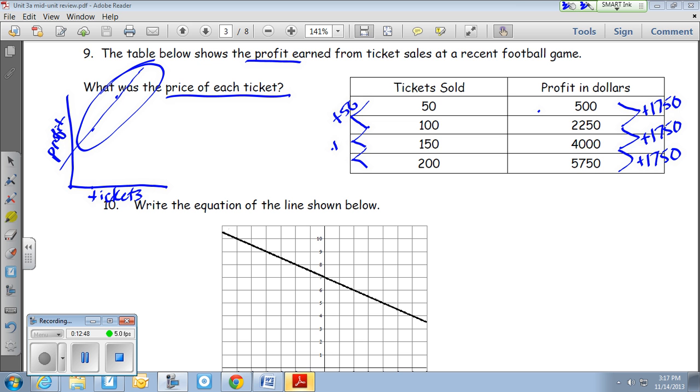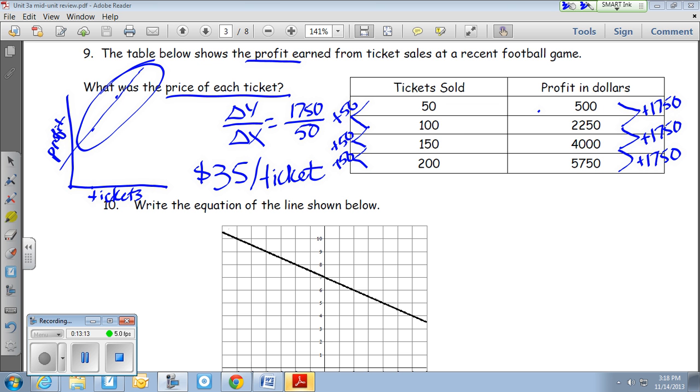And knowing the formula for slope is the change in my y's over the change in my x's, looks like I can just make that $17.50 divided by 50. When I simplify, I'll get $35 per ticket. Okay, so remember this is a slope problem. Slope's going to answer the question for me.